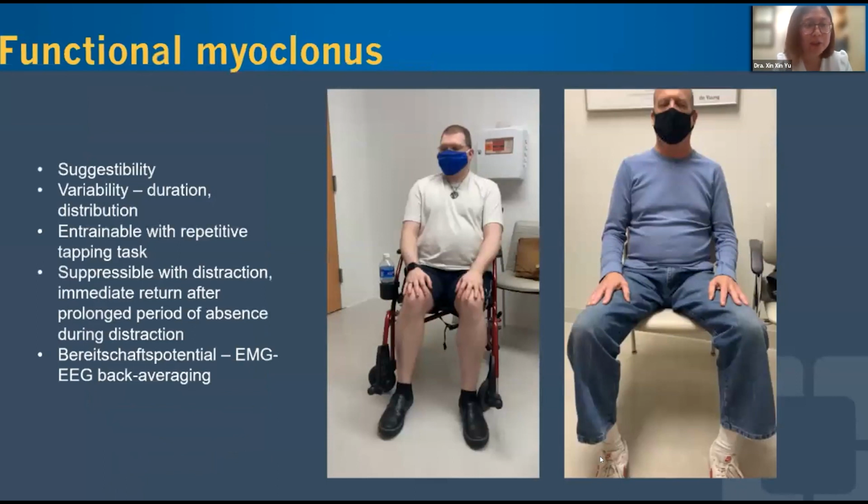Now, moving on to functional myoclonus. The core features of functional myoclonus include suggestibility, variability in duration, variability in the distribution of the jerks, and also variability in the latency if there's a presence of stimulus.